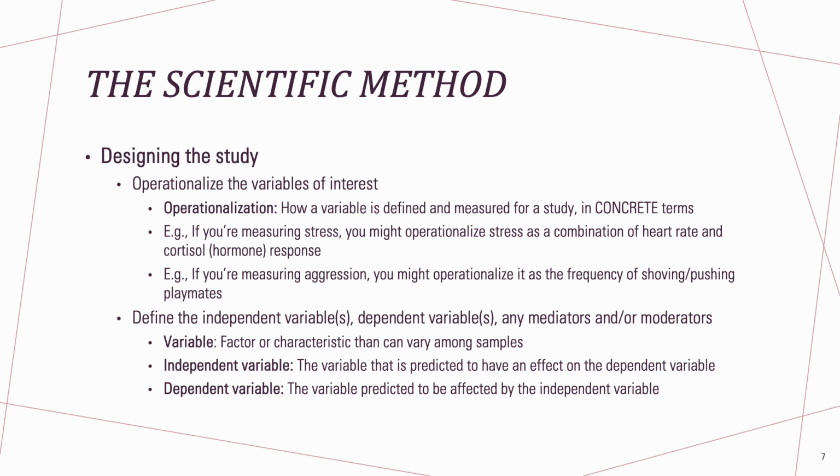So if I'm studying, again, parent-child relationships, attachment, and anxiety symptoms, I might say that I think a parent's responses, so like their parenting behaviors, is an independent variable, and I think the child's anxiety symptoms is the dependent variable, and I think that the child's IQ, for whatever reason, is going to impact that relationship.